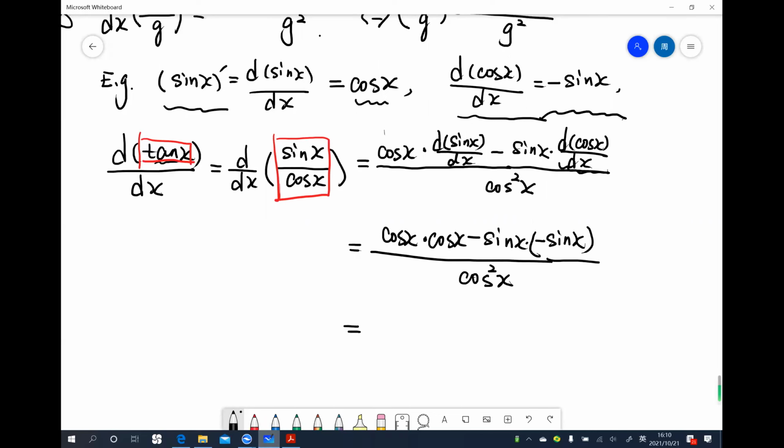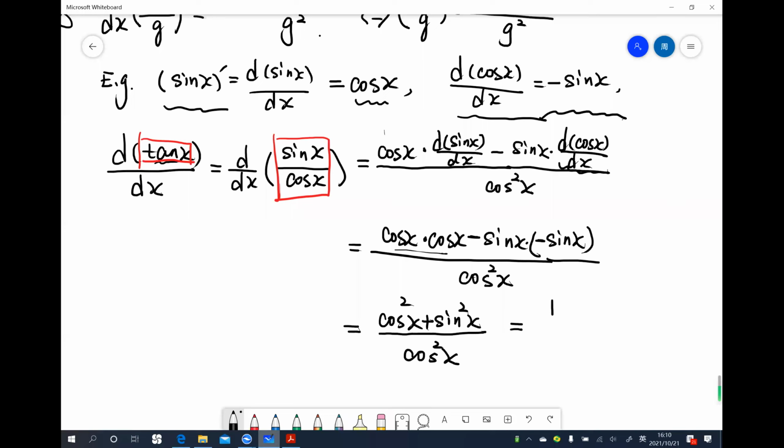So now you will know that is cosine x squared, here minus makes plus, sine x squared by cosine x squared. Do you know cosine x squared plus sine x squared equals 1, right?